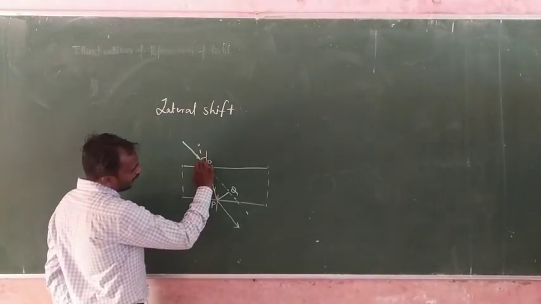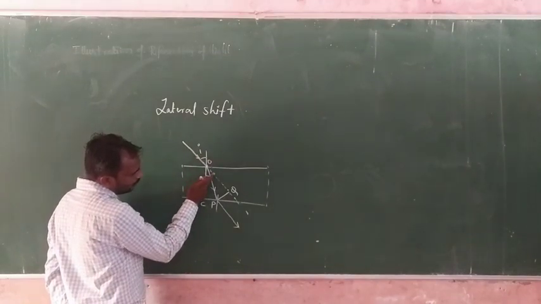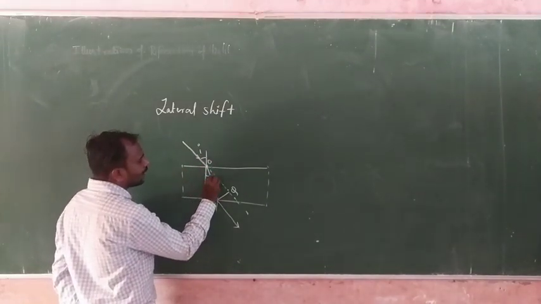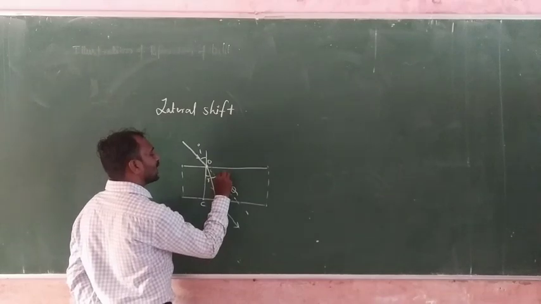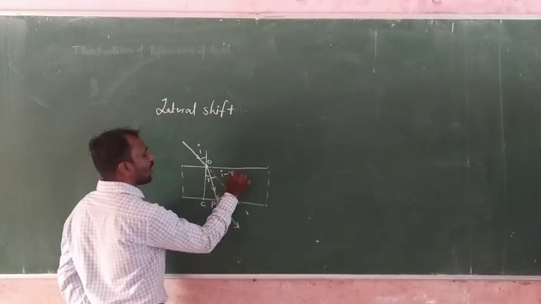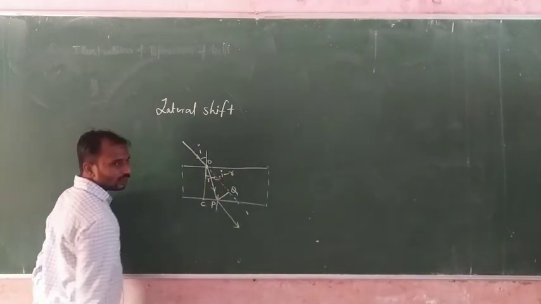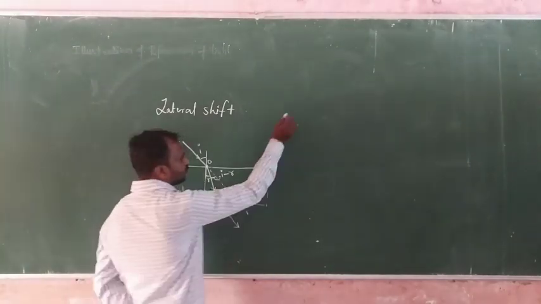Here the total angle is i, and these two we consider alternate angles, and so this angle we get is i minus r. Now I will draw another diagram.